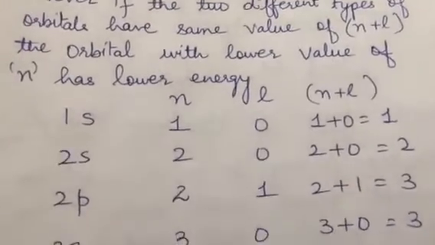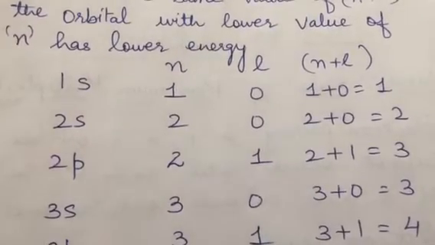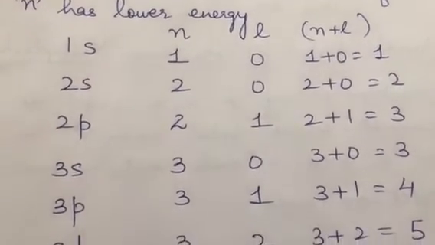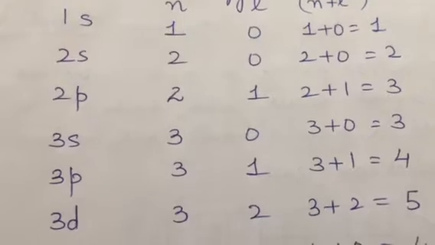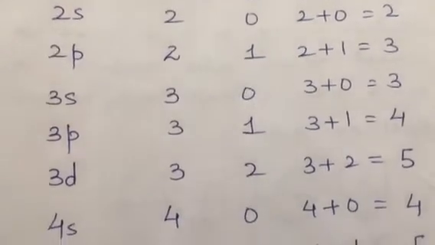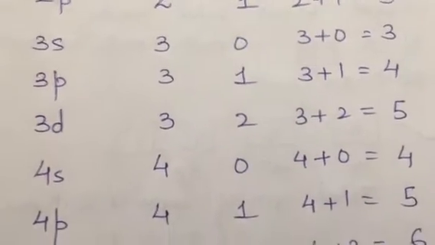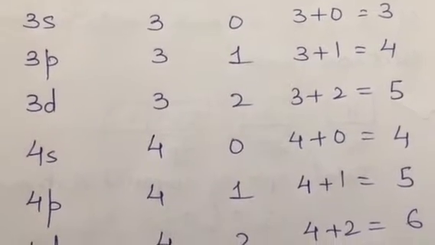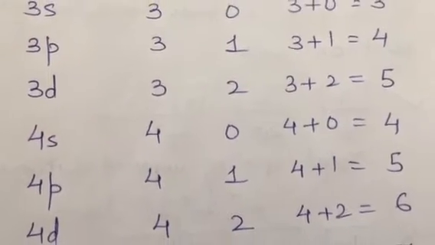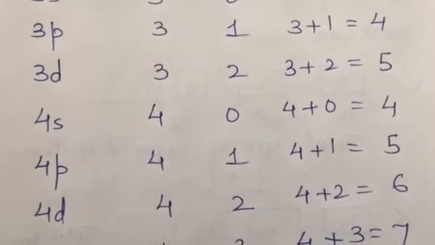So kindly see, if it is 1s, then n plus L would give you 1 plus 0, that is 1. 2s would give you 2, 2p would give you 3, 3s would give you 3, 3p would give you 4, 3d would give you 5, 4s would give you 4, 4p would give you 5.